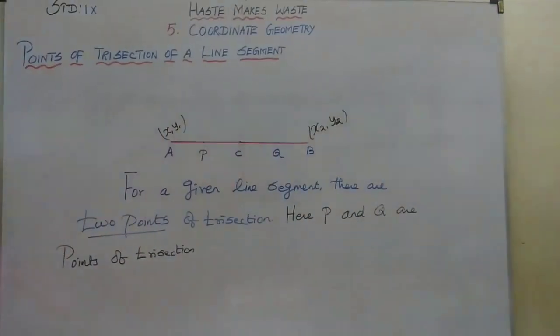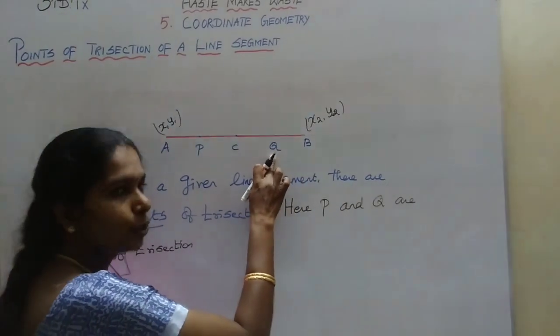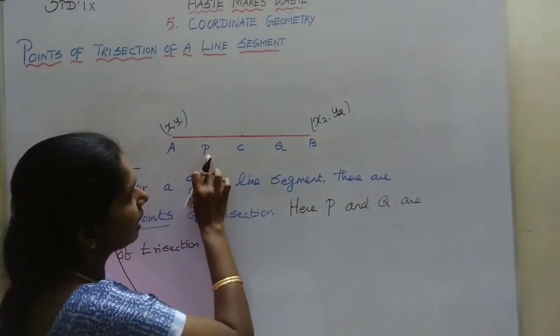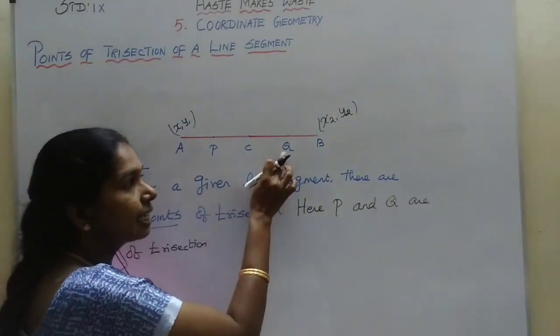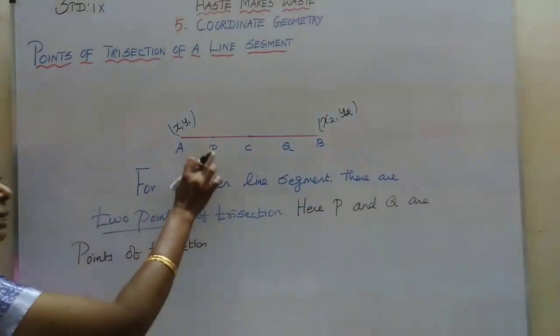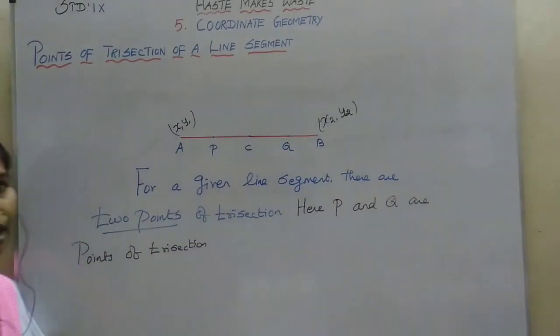Next, if I take another point Q, it comes at the midpoint of BP. Q is the midpoint of where? BP, and P comes at the midpoint of AQ. After division, we are getting trisections.